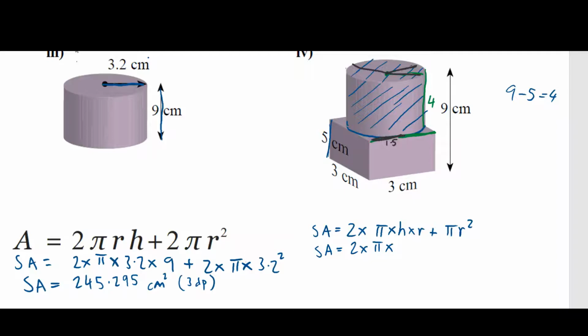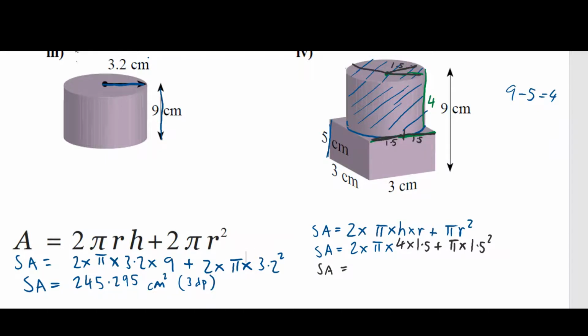Half of it's 1.5. So if that's 1.5, then this other half is 1.5. And that means this bit there is also 1.5. So our radius is 1.5. So our height is 4 times 1.5 plus pi times 1.5 squared.